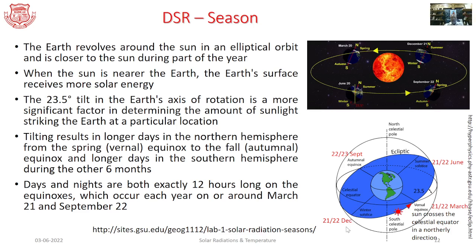In the opposite direction, as we consider this particular 21st or 22nd December, the sun will be in the plane of the Tropic of Capricorn. There will be winter solstice as far as the northern hemisphere is concerned, whereas there will be summer solstice in the southern hemisphere.